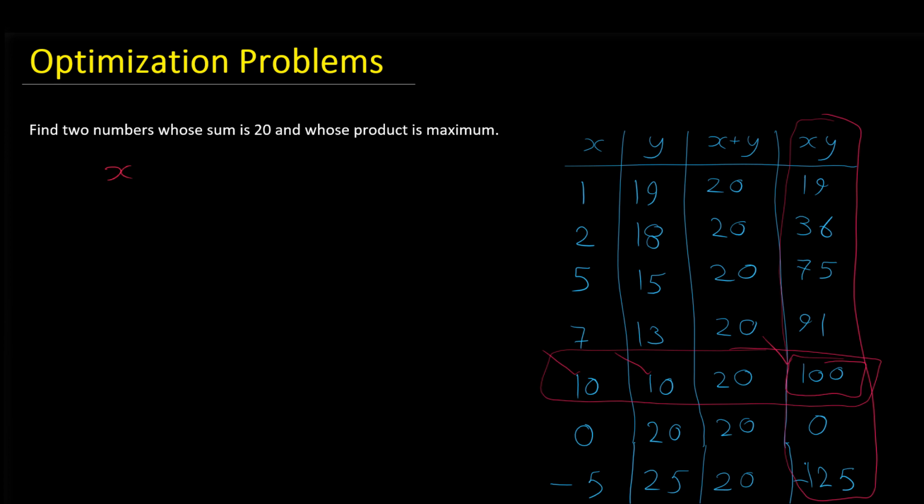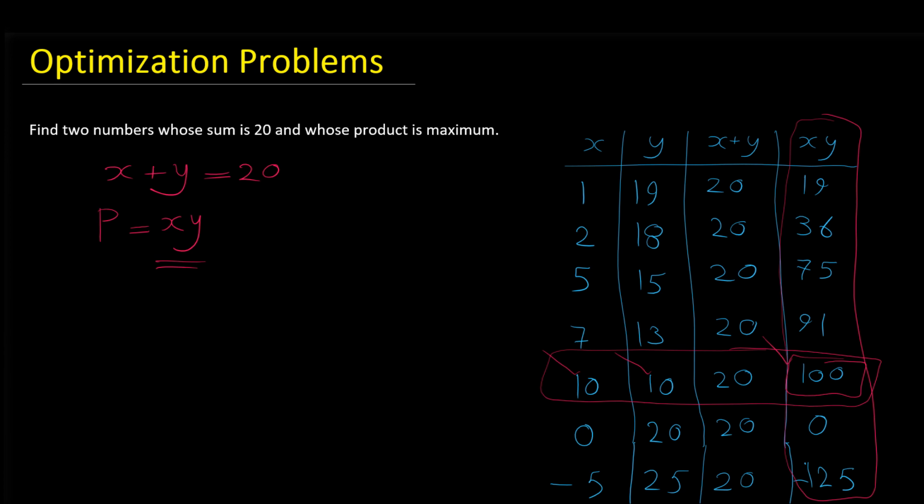We are looking for two numbers like x and y such that x plus y will be 20 and the product of these two numbers, x times y, will be maximum. So we want to maximize the expression x times y. If you remember from calculus, for maximizing or minimizing expressions, we have to find the critical points.